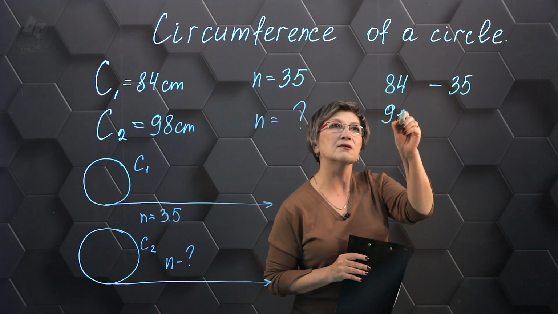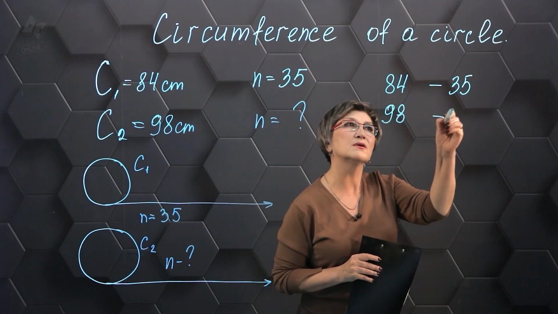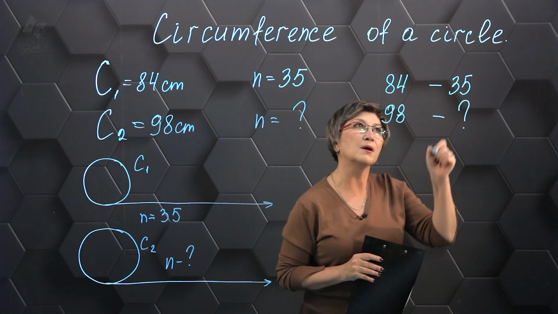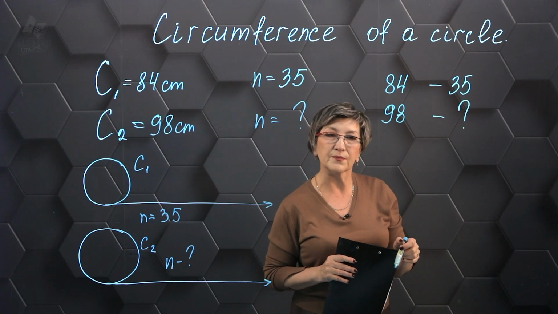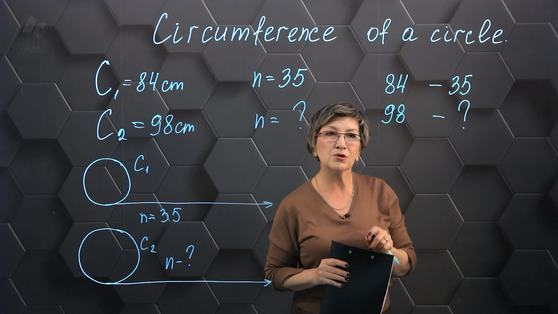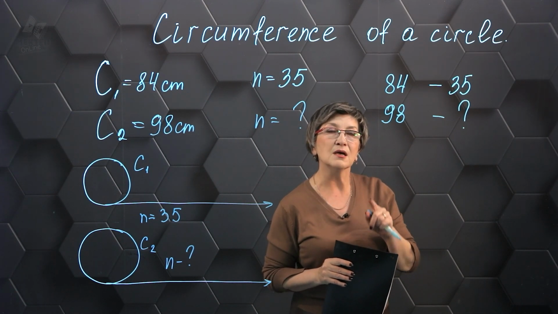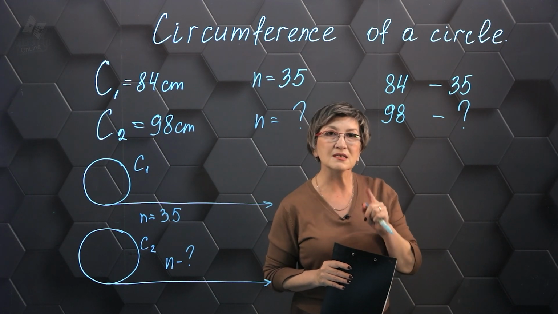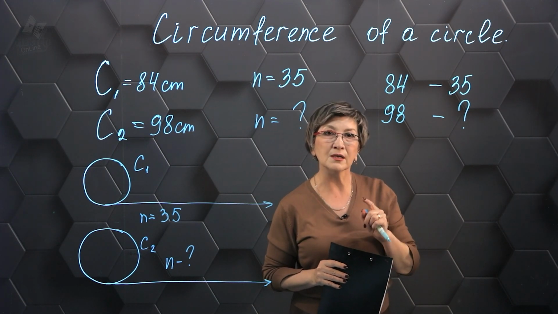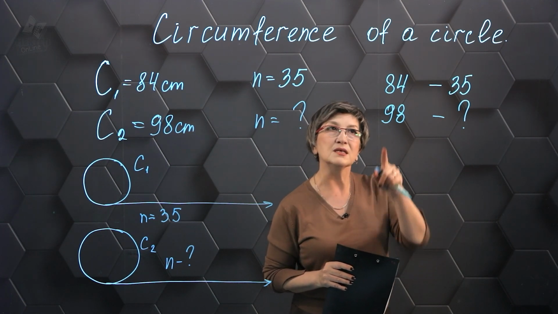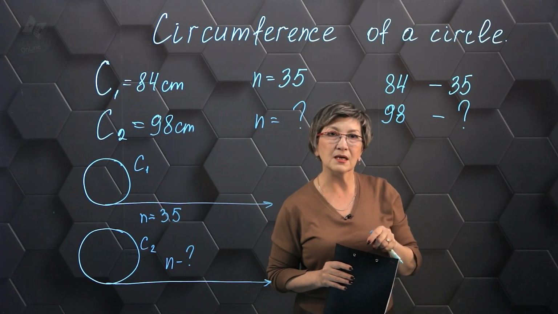If the length of the circle is 98 centimeters, what is the number of revolutions the second wheel has made? Without using formulas for the length of the circumference, we will solve this problem by making a proportion. But first, we need to determine what kind of proportionality it is.